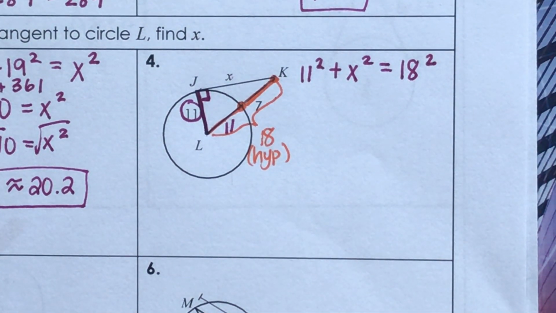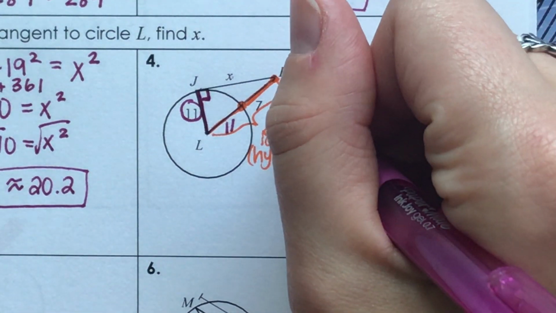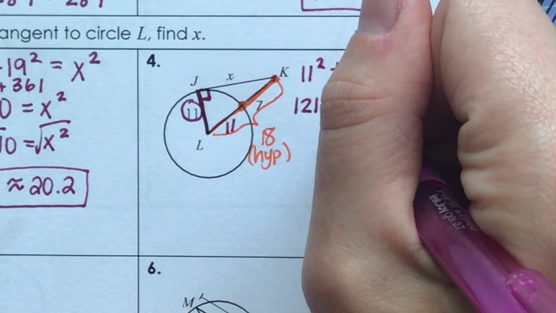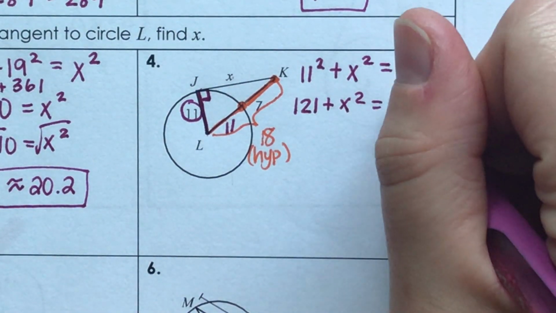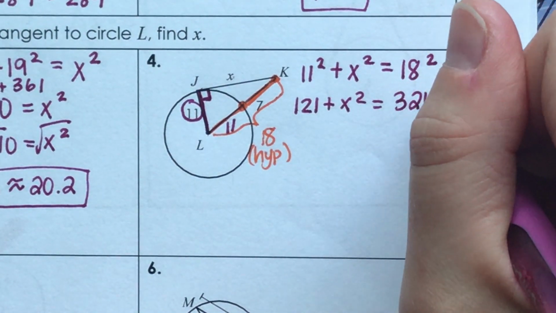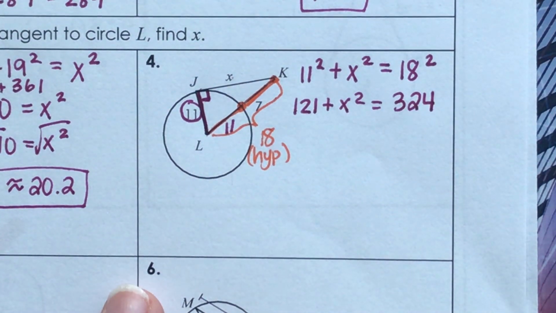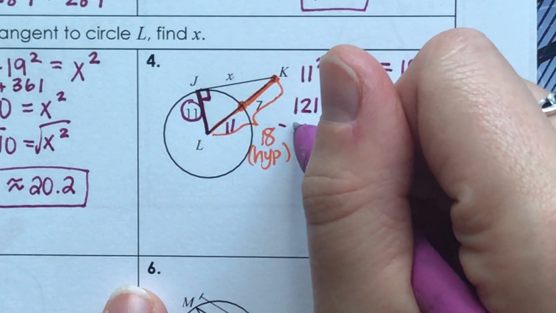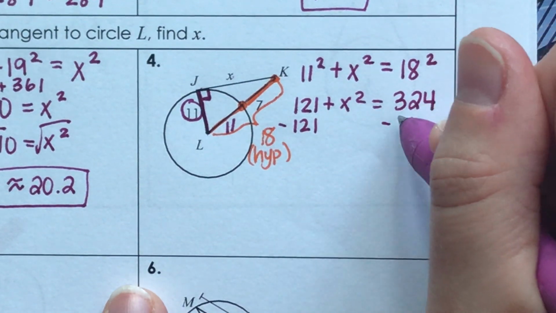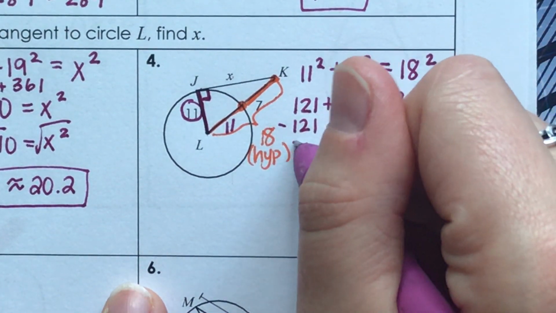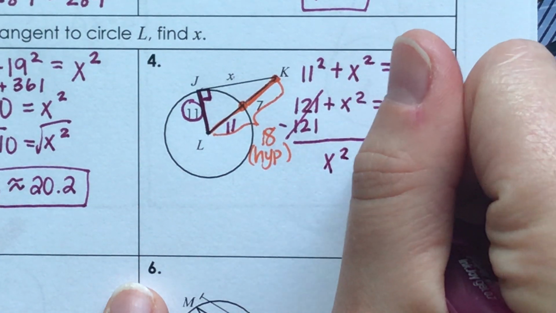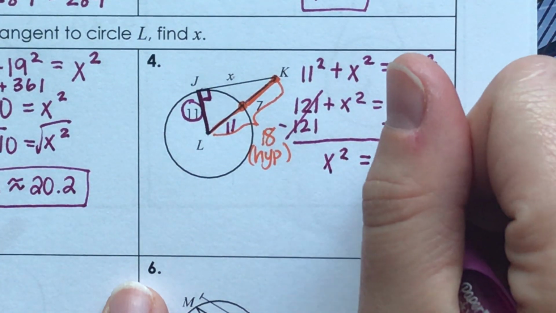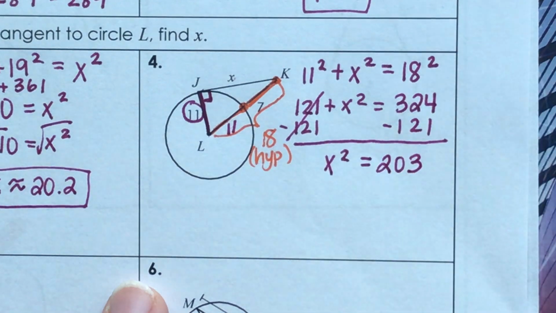Okay, 11 squared is 121. And then 18 squared is 324. Now to get the x by itself, first thing I'm going to do is subtract 121 from both sides. So I get x squared equals 203.